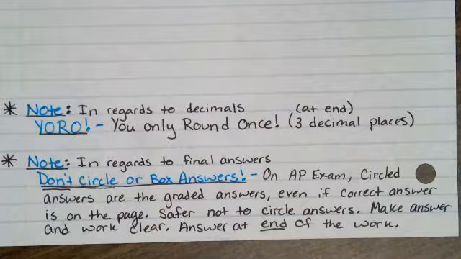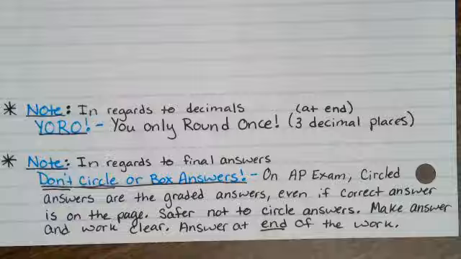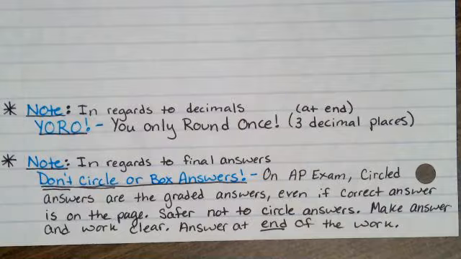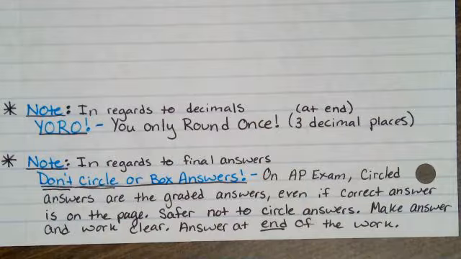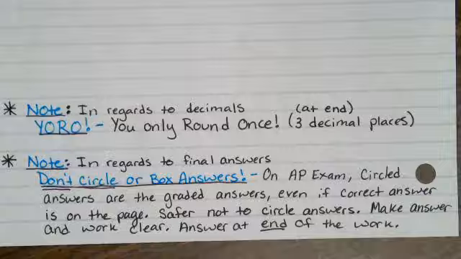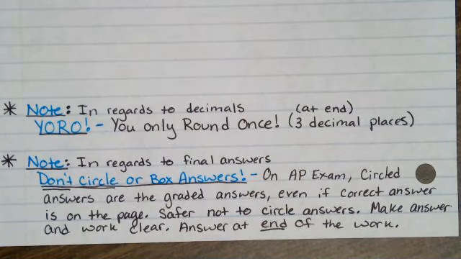But you still want to make sure that your answer is easy to find and readable. If they can't read it, they can't really grade it. So make your work easy to read. Try to make it clear where your answer is. However, if the correct answer is in a different place on the page and you haven't circled anything, they should still be able to count it correctly. Okay?